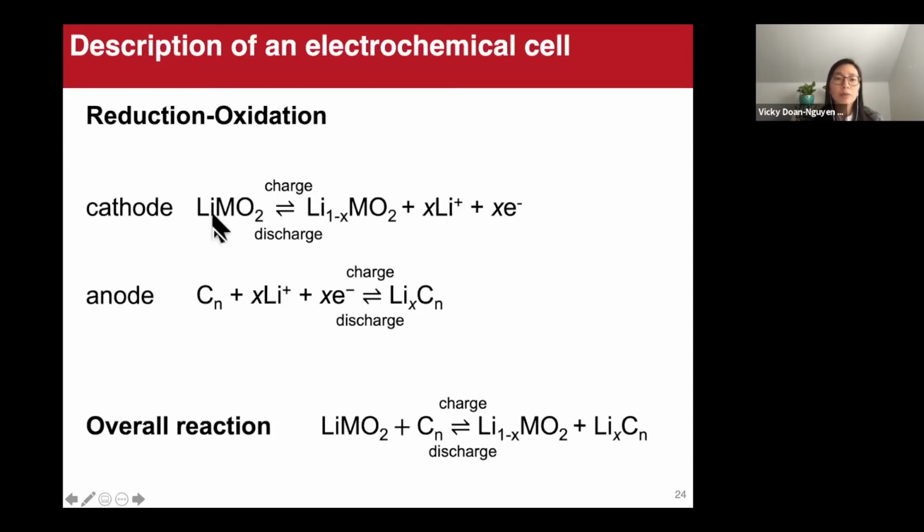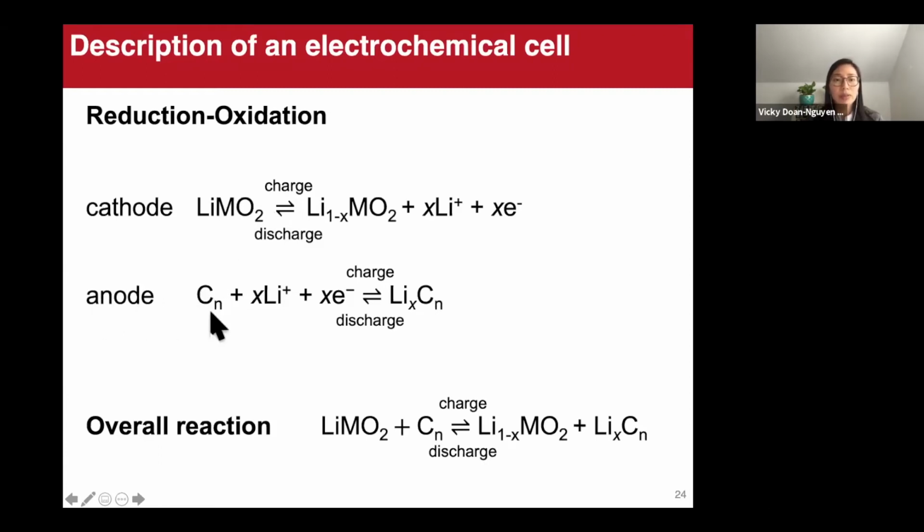So you start from 1 molar equivalent of lithium and you're removing some fraction of that. So it's 1 minus X. And to balance the reaction, on the right side, you also see lithium ions and, of course, X molar equivalents of electrons to achieve charge balance. Upon discharge, you're lithiating the cathode, and thus the arrow is in the opposite direction.